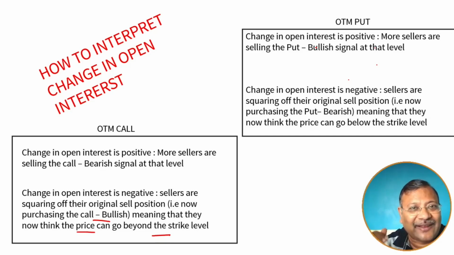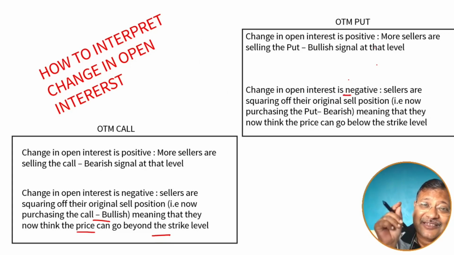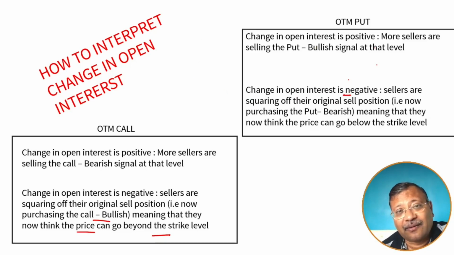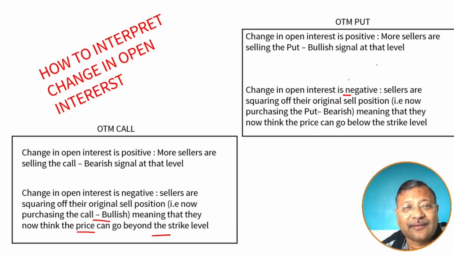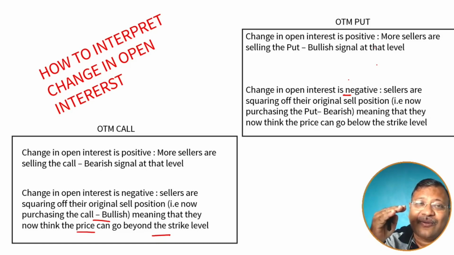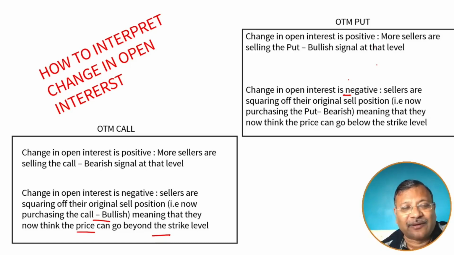That means they are providing the support level. If the change in open interest is negative, which means there is a fall in the open interest, this indicates to us that people who had originally sold the put at a particular point are now reversing their opinion. They are now squaring off their position.